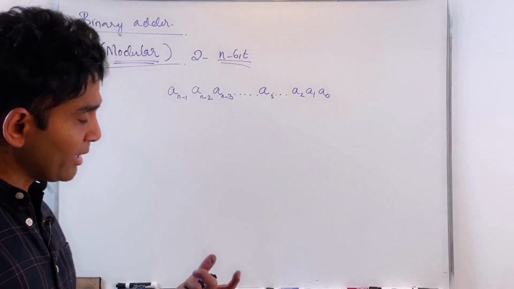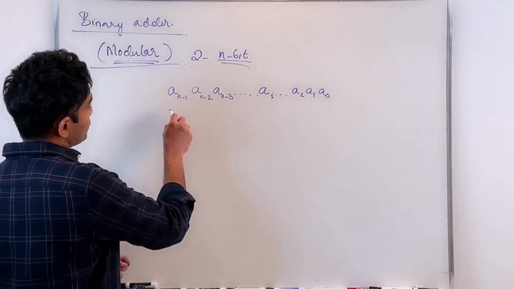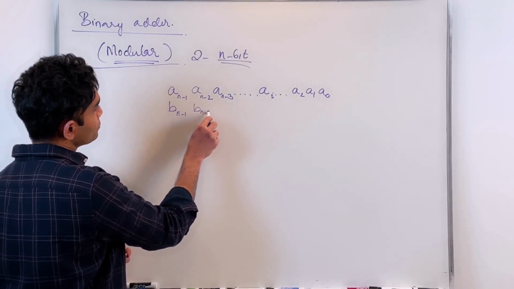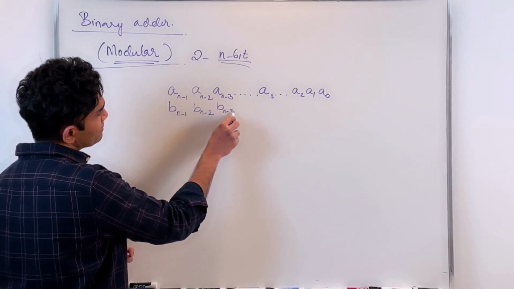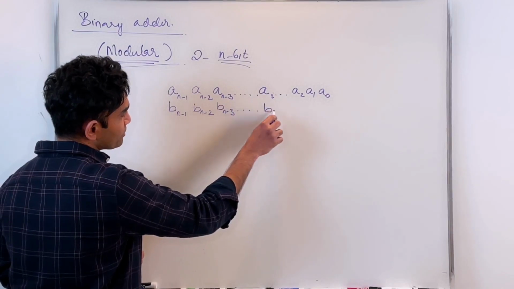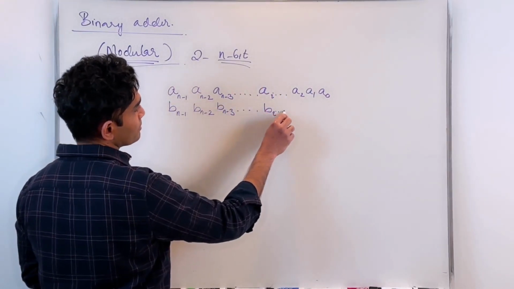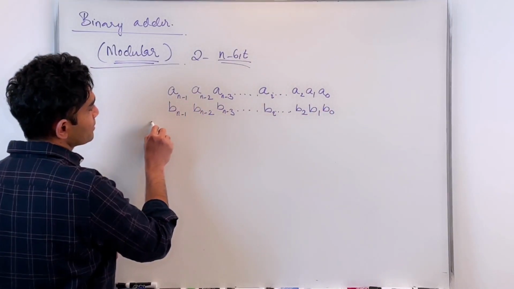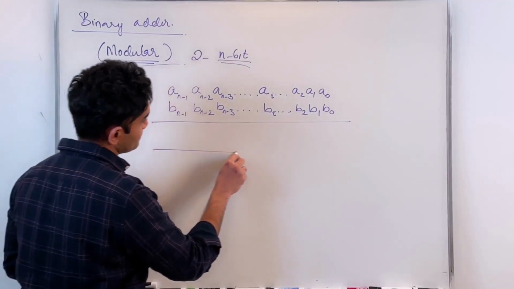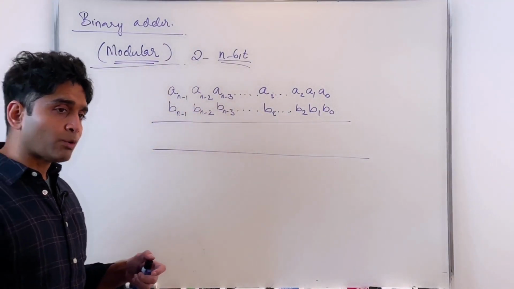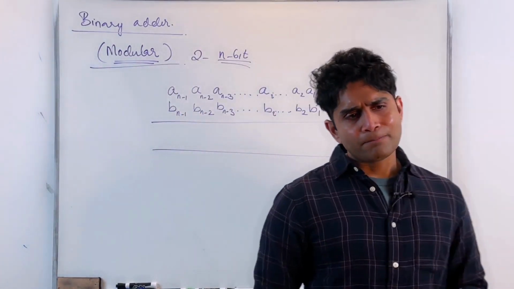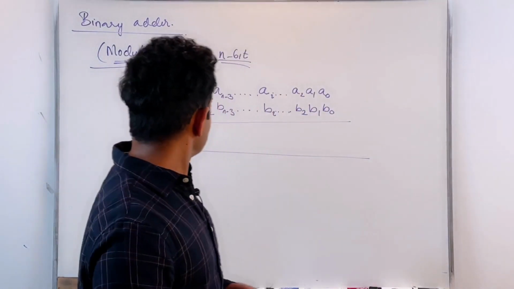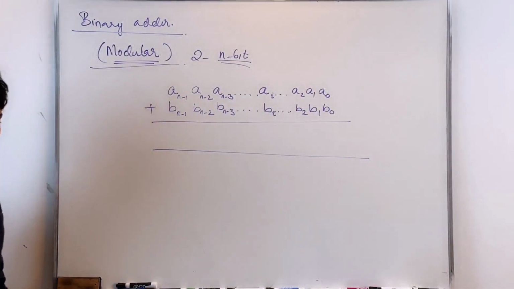I'm trying to add that to another binary number, b n minus 1, b n minus 2, b n minus 3, some intermediate bit position bi at the same position, b2, b1, and b0. Okay, I'm trying to add these two numbers together. The reason I want to do this exercise is to see what kind of modules I would want to design in this case.